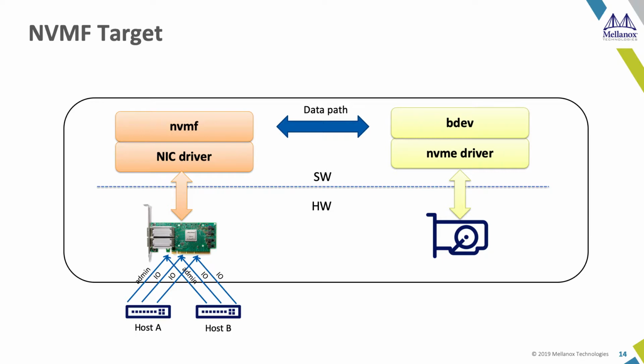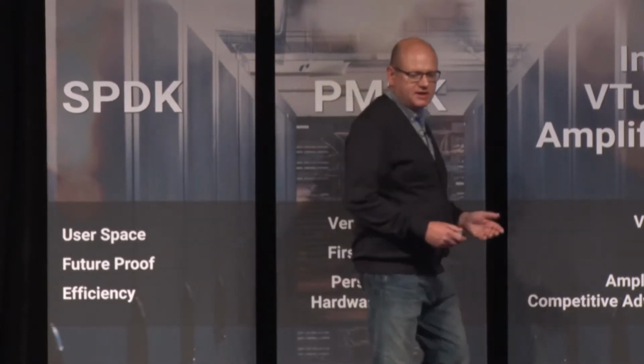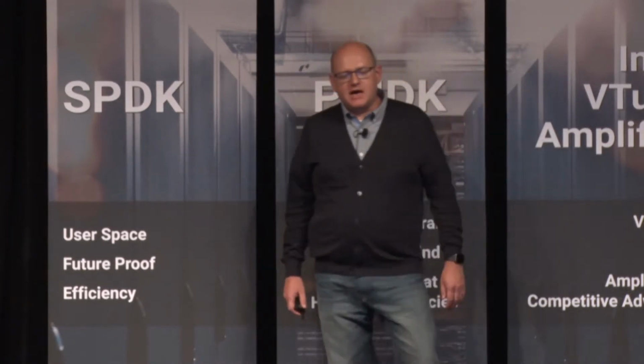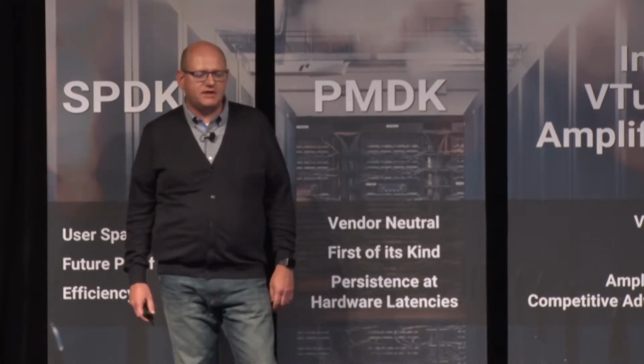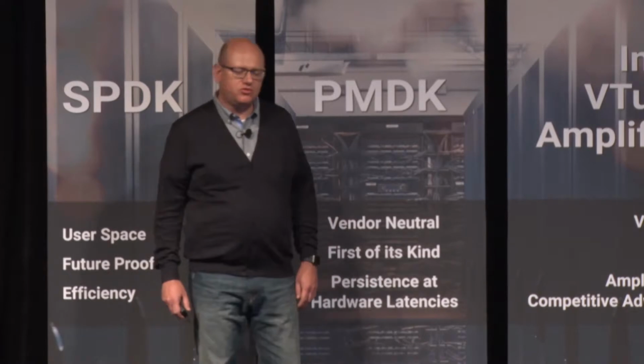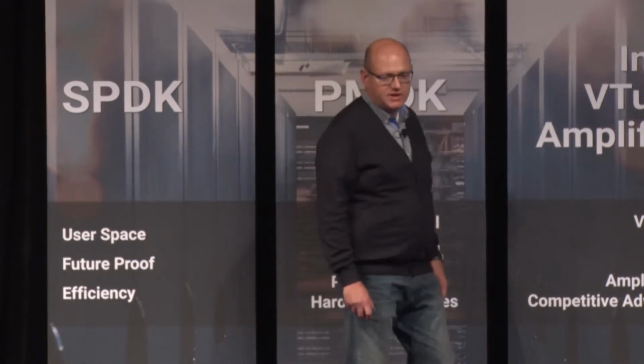So at first, we should obtain hardware properties of the NVMe driver: receive queue, send queue, doorbell, and bind the RDMA QP with the NVMe queues. Once we have this binding done, hardware will put IO directly to the NVMe drive.